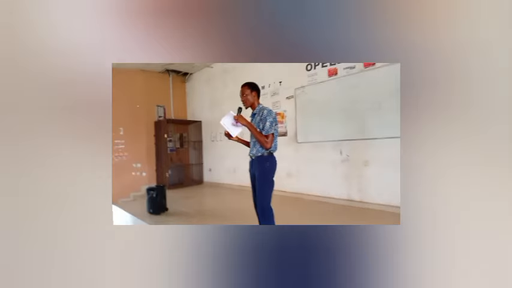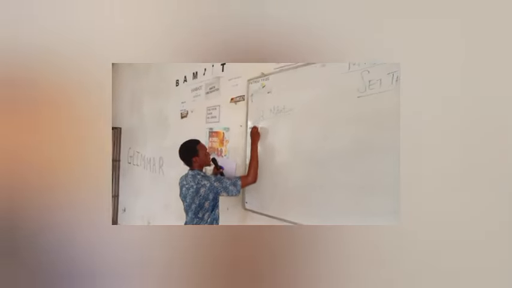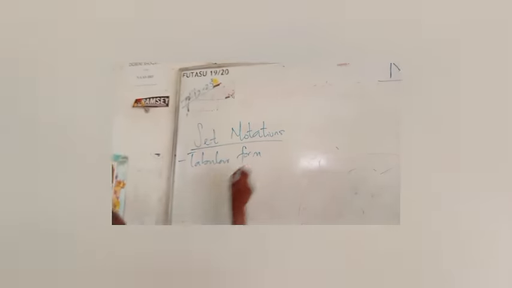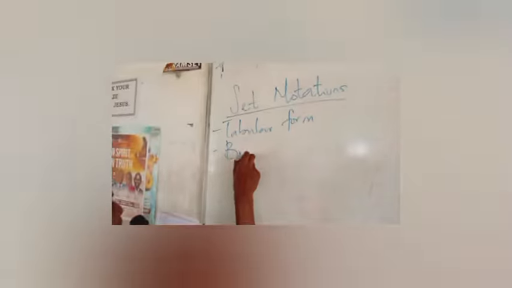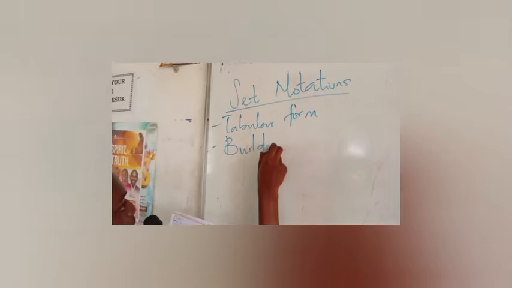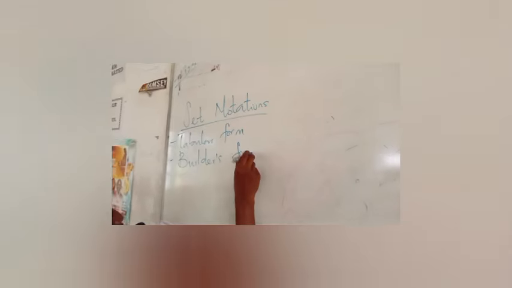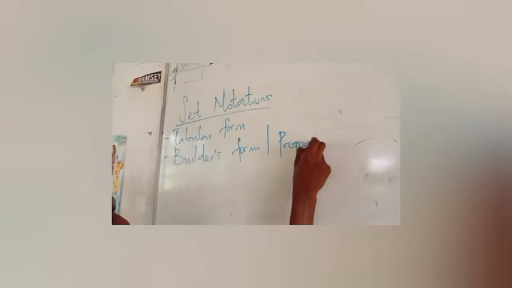And now, we have, let's say, mainly two. The first one is the tabular form. And the second one here is the builder's form, which is also known as the property form.